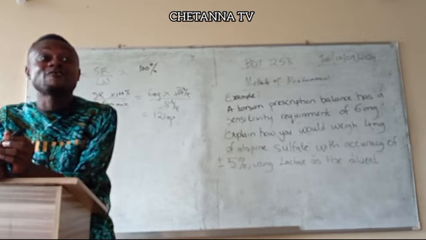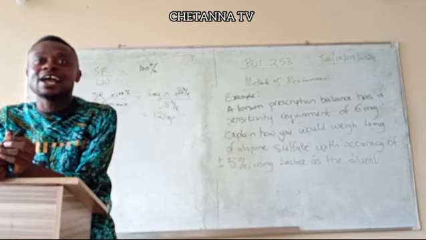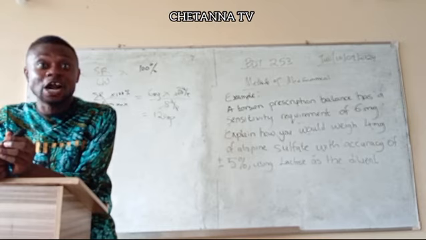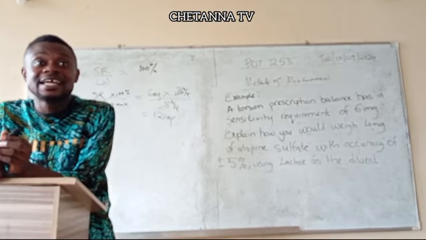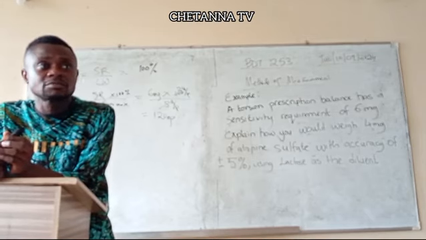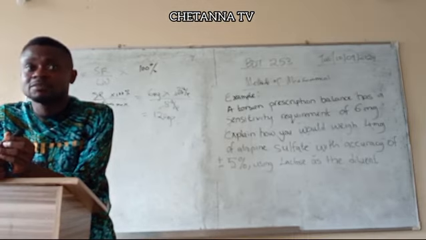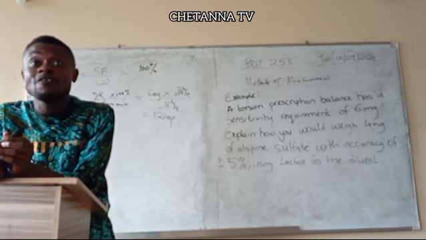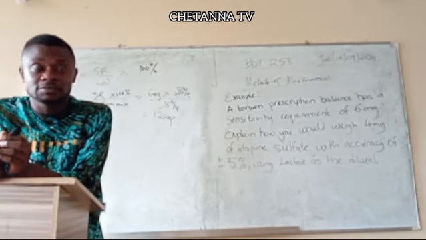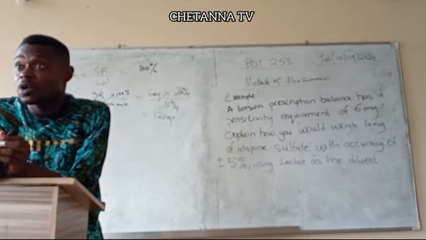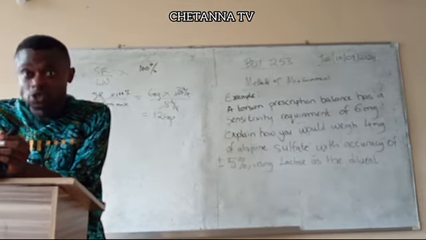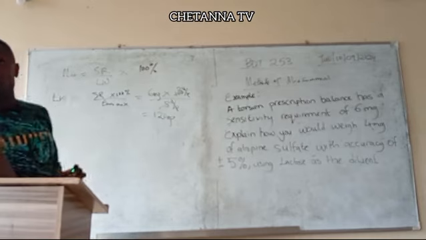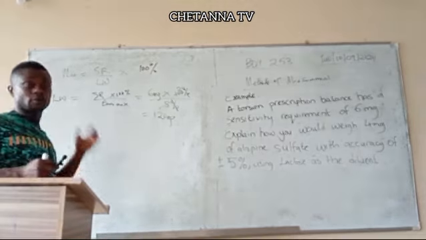Do it now, it's simple. 150% error. That is too much, right? The maximum is 5%, but he went 150% error. So we are going to use the aliquot method, and it's simple.